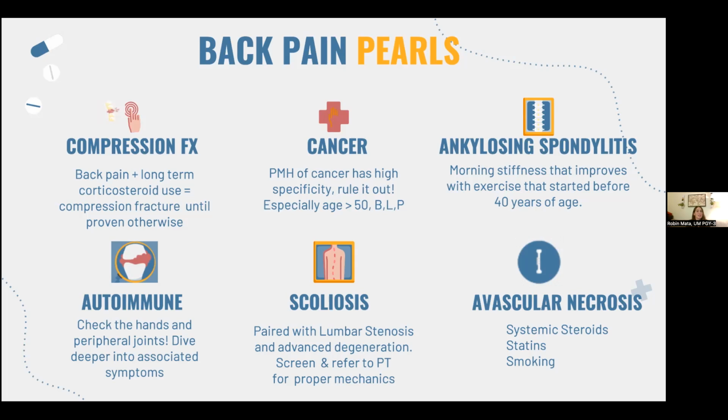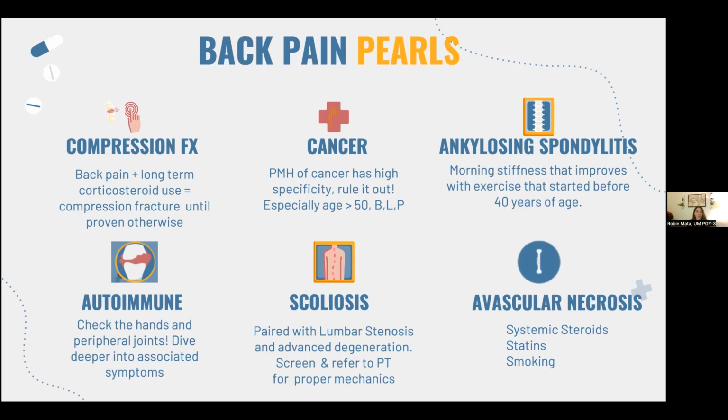Autoimmune, if I suspect that, I would check the hands and peripheral joints, obviously for swelling, rubor, calor, tumor, and then dive into some deeper associated symptoms. Scoliosis, that's a really quick kind of screen. Just run your finger down the back of their spine.